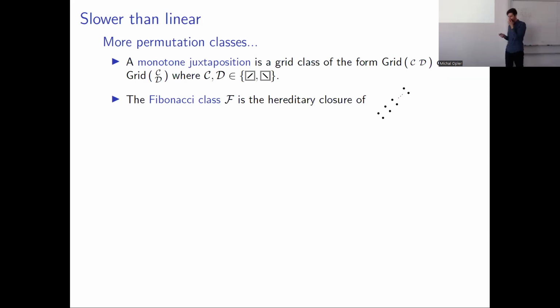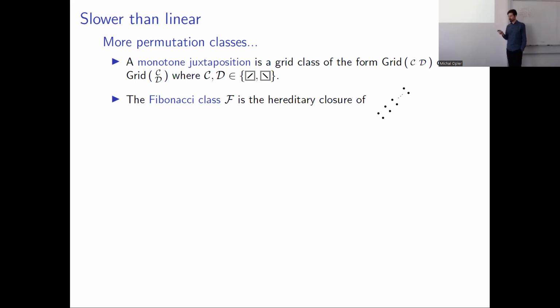Can you guess the reason why this is called the Fibonacci class? It's enumerated by Fibonacci numbers. If you think about it, any finite subpermutation of this is formed by layers of size 1 or 2, and the number of ways you can write any number as a sum of 1s and 2s is exactly the Fibonacci number.